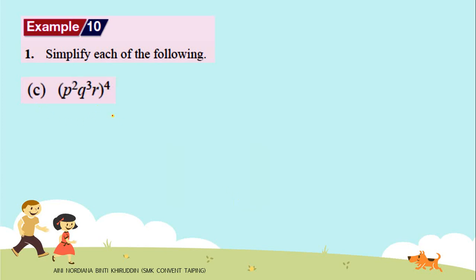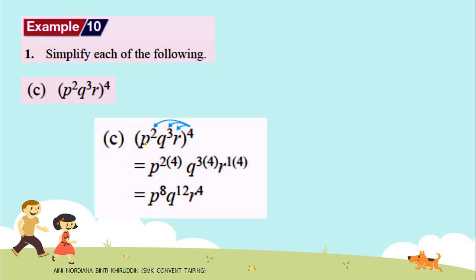So C, same thing, p squared times 4, q cubed times 4, r to the power of 1 times 4. So this is the final answer: p to the power of 8, q to the power of 12, r to the power of 4.